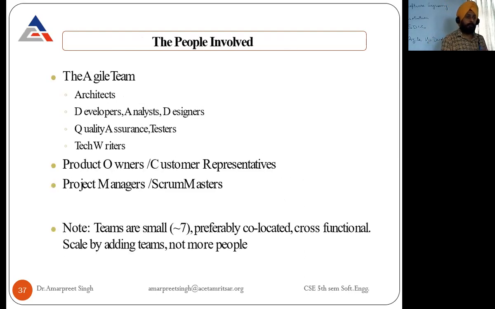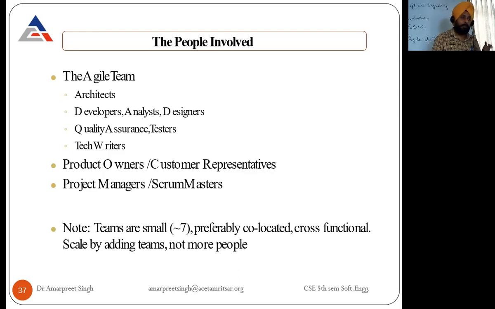The people involved in agile methodology are, first, the agile team, which includes architects, developers, analysts, designers, then the quality assurance testers and tech writers. Second, the people involved are the product owners, the customer representatives, who give the suggestion or requirement that a change has to be made.